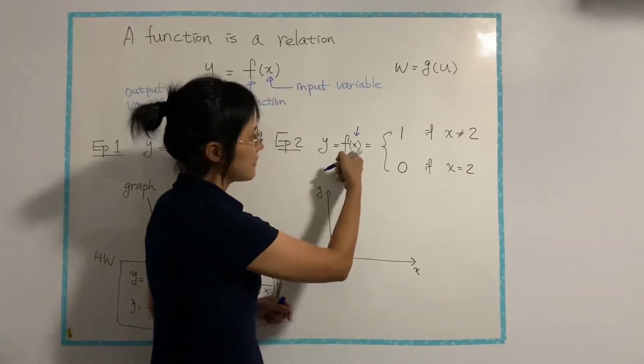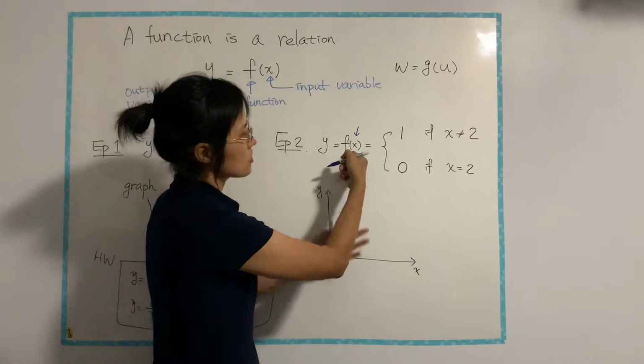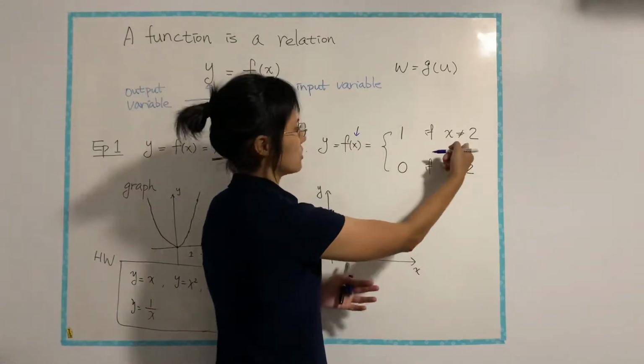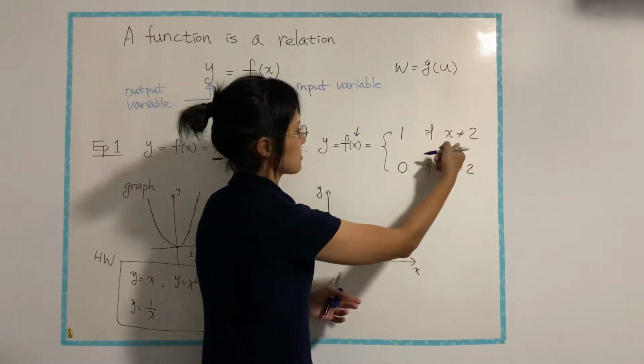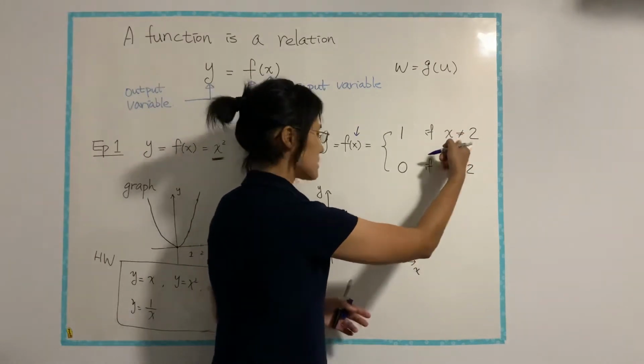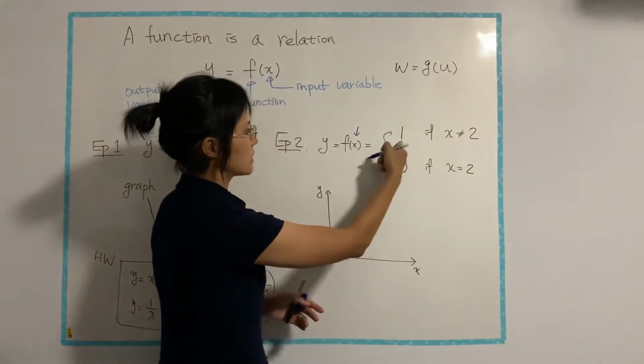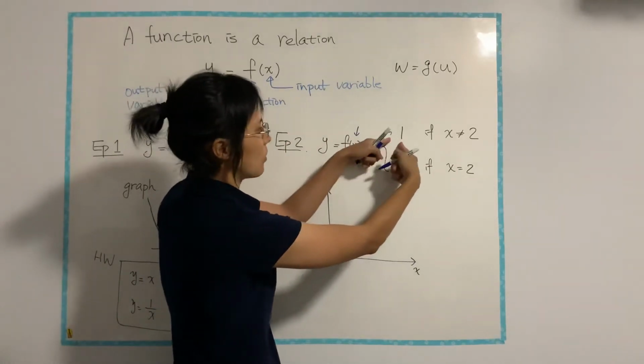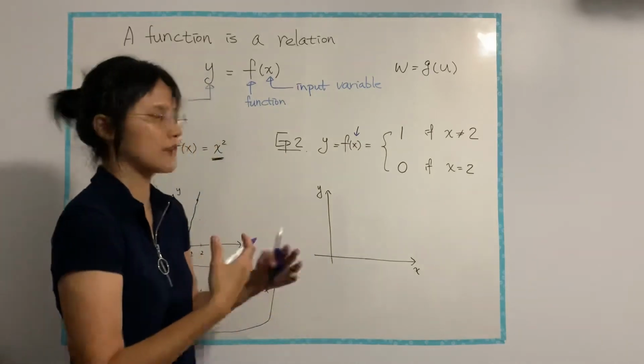If the input value is, let's say, 3, when x equals 3, then we know 3 is not equal to 2, so that falls into this case. And when x is not equal to 2, what is the output value y? It says y should equal 1. That's how it's like an if environment.